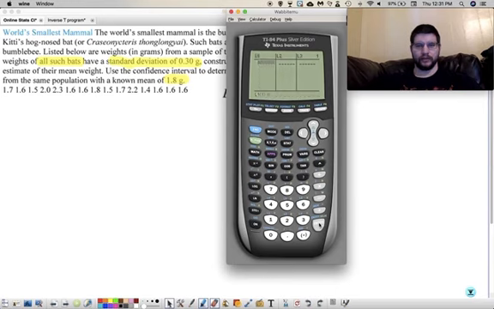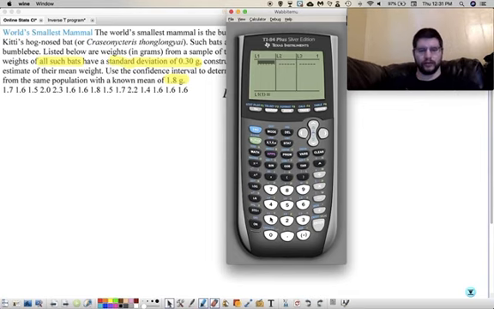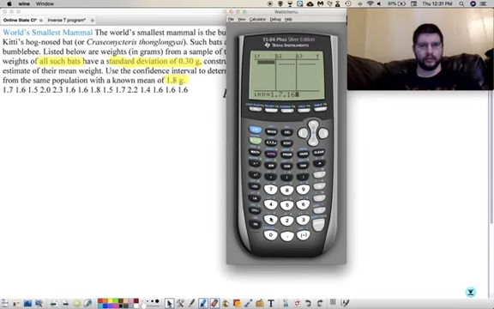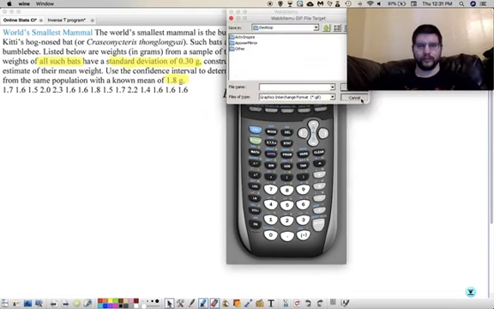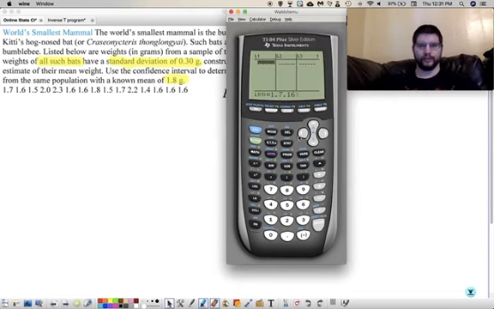Clear the list and type them in. And make sure you watch those spaces. 1.7, 1.6, I guess I hit enter. 1.7, 1.6, 1.5, 2.